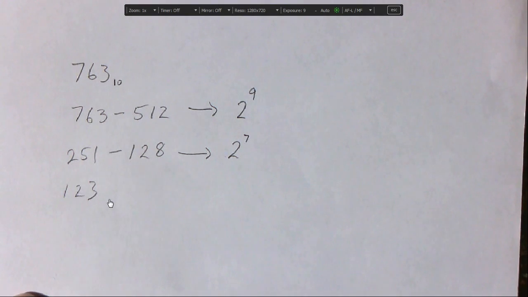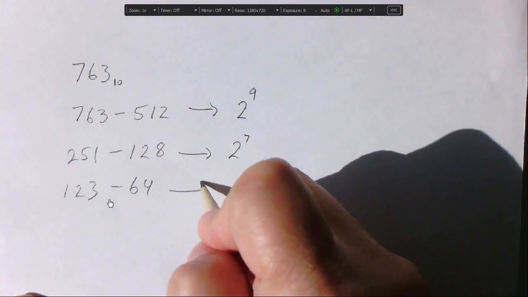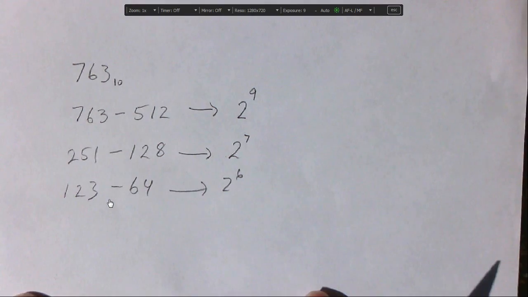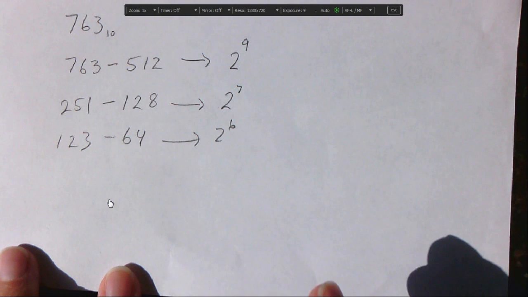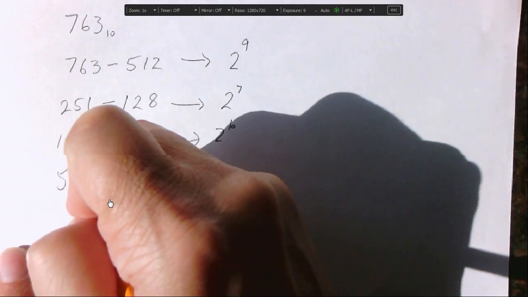Okay, look for the next largest power of 2. Well, 128 would have been nice, but it's too big, so we'll use 64. 64 gives me a 2 to the 6. So what's 123 minus 64? It's 59.